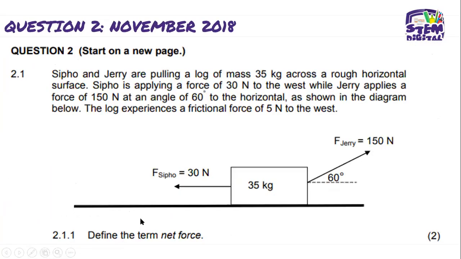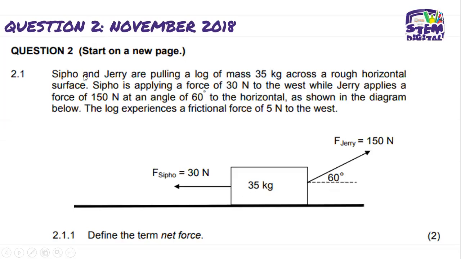Right. Now, let us go to this question. It's still a question on Newton's laws of motion, but this one is from November 2018. And this is question number 2.